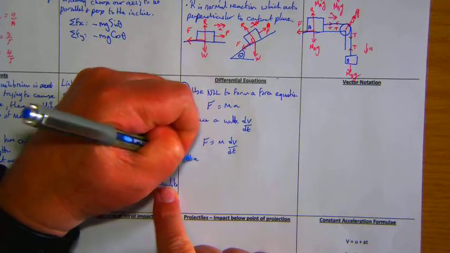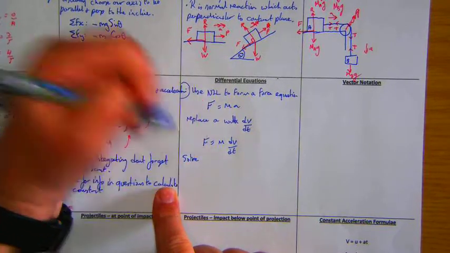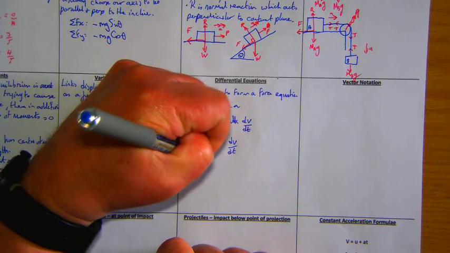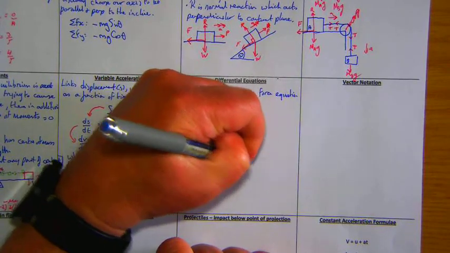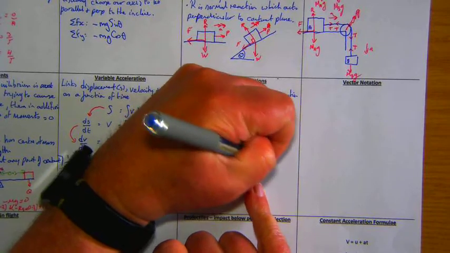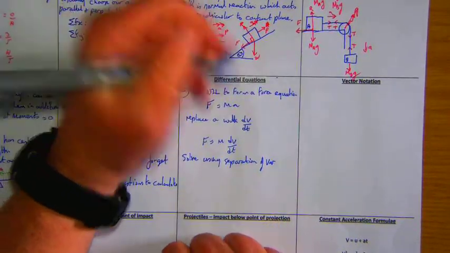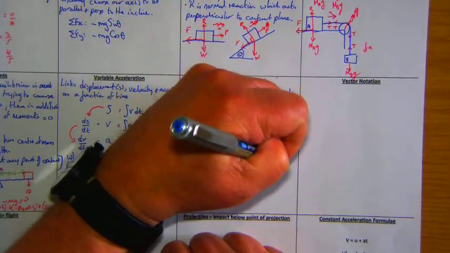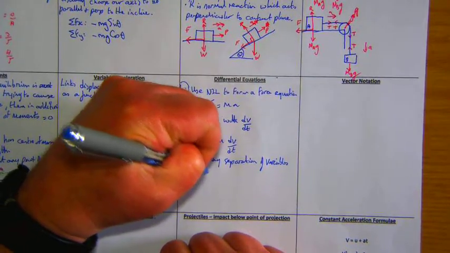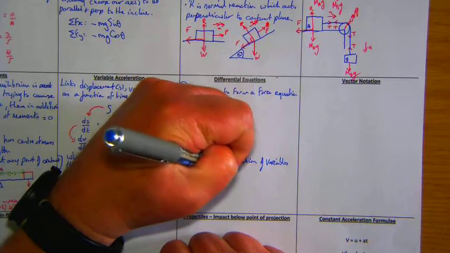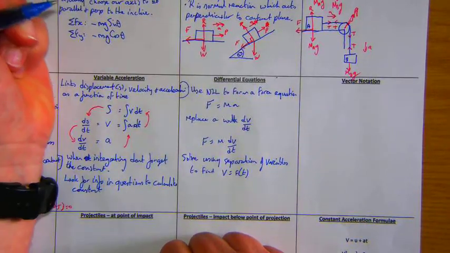So solve using separation of variables, just like you did with the pure question, to find v as some function of t.